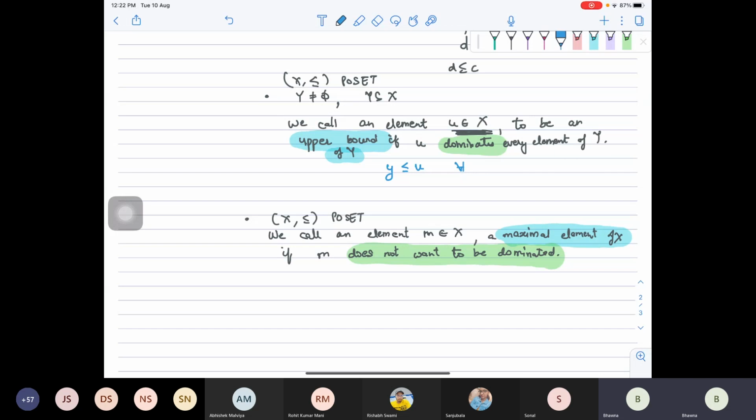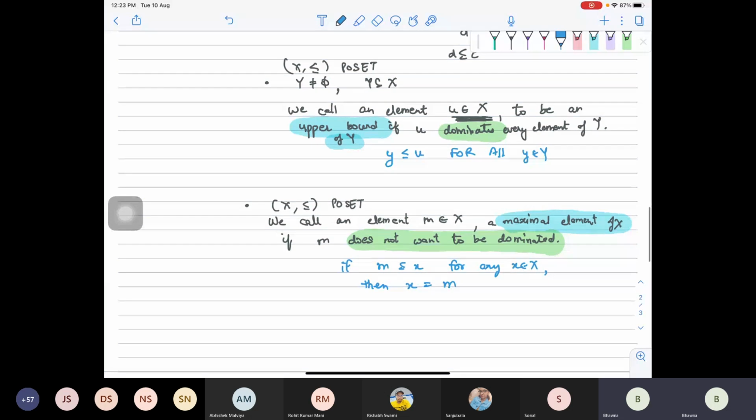That means it happens for all y in Y. And not wanting to be dominated means that if m is less than or equal to x for any x belonging to X, if something bigger than m is supposed to be in the set, then this element x should be equal to m. That means there is nothing above this. Is it clear intuitively what I'm trying to say?